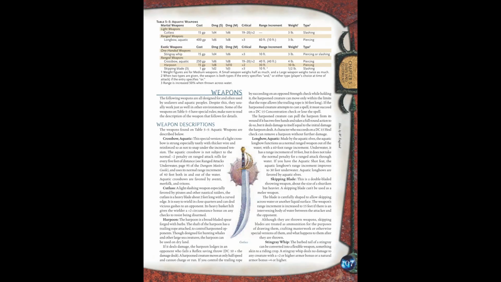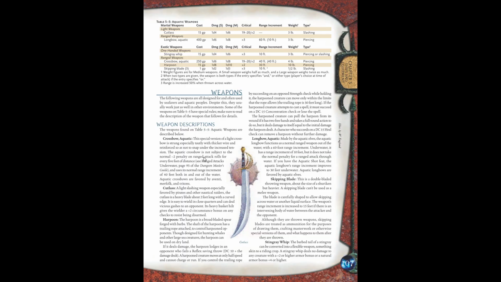Aquatic weapons. So, strangely enough, the most notable thing here to go over is this exotic weapon called the aquatic crossbow, which may actually be worth using at low levels due to how shooting underwater works. If you don't have proficiency, because I'm just going to assume you're not going to be stupid enough to pick up Exotic Weapon Proficiency: aquatic crossbow, the penalty is a -4 for shooting it.